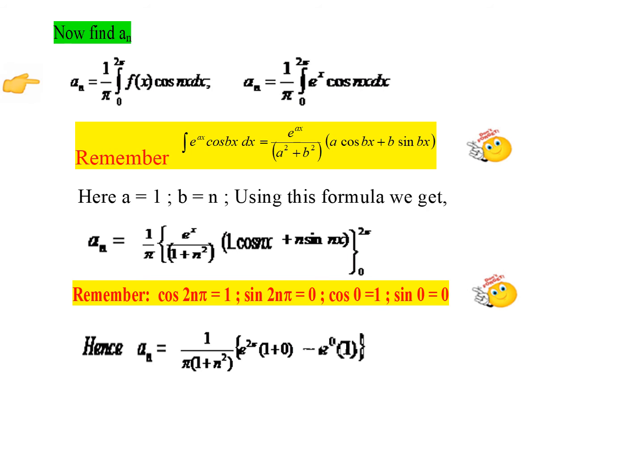Minus, what is the lower limit? In the place of x, I have to substitute 0. So e power 0 into, when we substitute x as 0, inside what we have? cos 0 is 1, sin 0 is 0. So e power 0 into 1. When we simplify this, we get e power 2 pi minus 1 divided by pi.